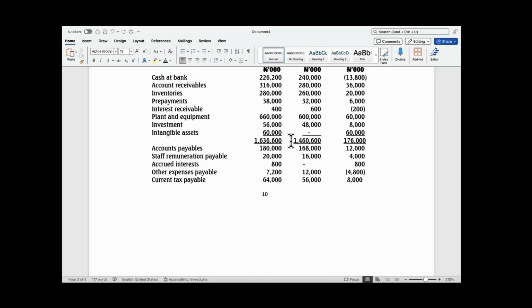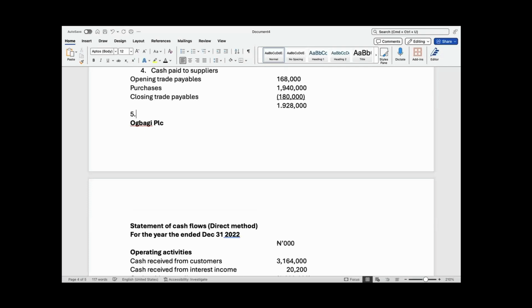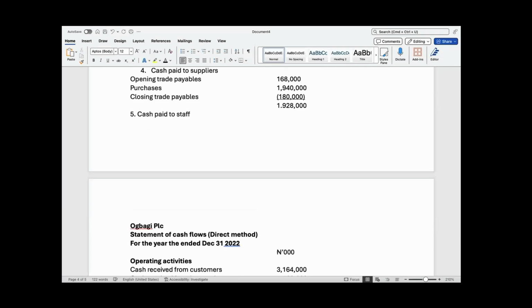Okay, the same method. So that's note 5. That's cash paid to staff. Opening staff remuneration. How much was it? 16,000.